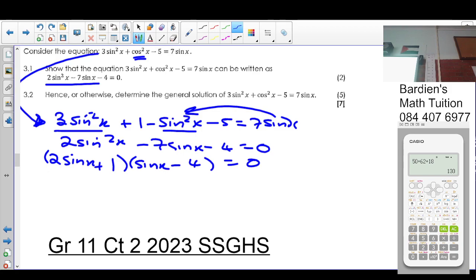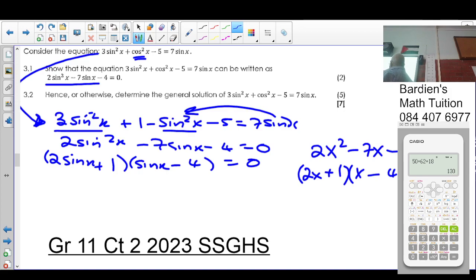For those of you who can't see that, it's a trinomial. You replace sine with an x. So it's 2x squared minus 7x minus 4 is equal to 0. Factorize it. It becomes 2x, x, 4 and 1, minus plus. So you get x is equal to negative half.